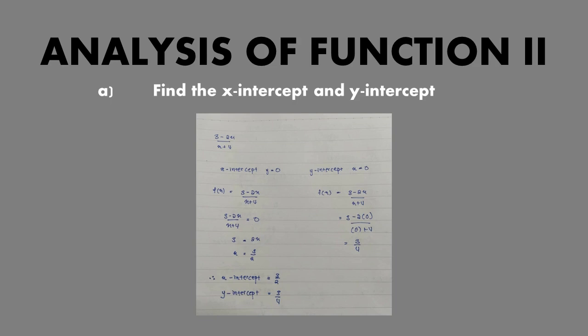The first question is to find the x-intercept and y-intercept. For the x-intercept, y must be equal to 0, and you get x = 3/2. For the y-intercept, x must be equal to 0, so you substitute x with 0 and get 3/4.